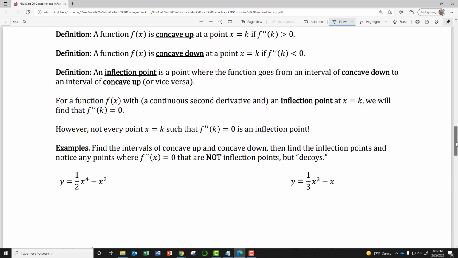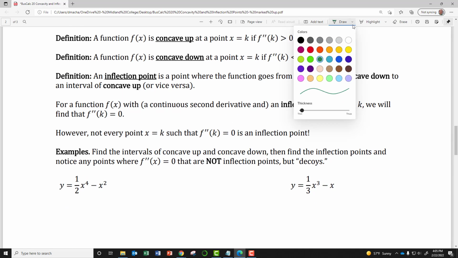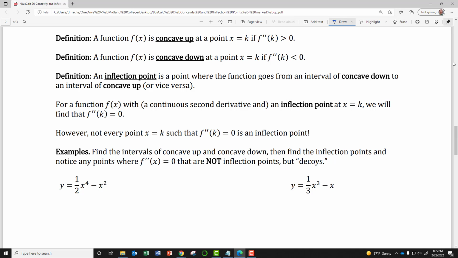And to be more specific about what we mean, we have some formal definitions here. It turns out a function is concave up by definition if the second derivative is positive.